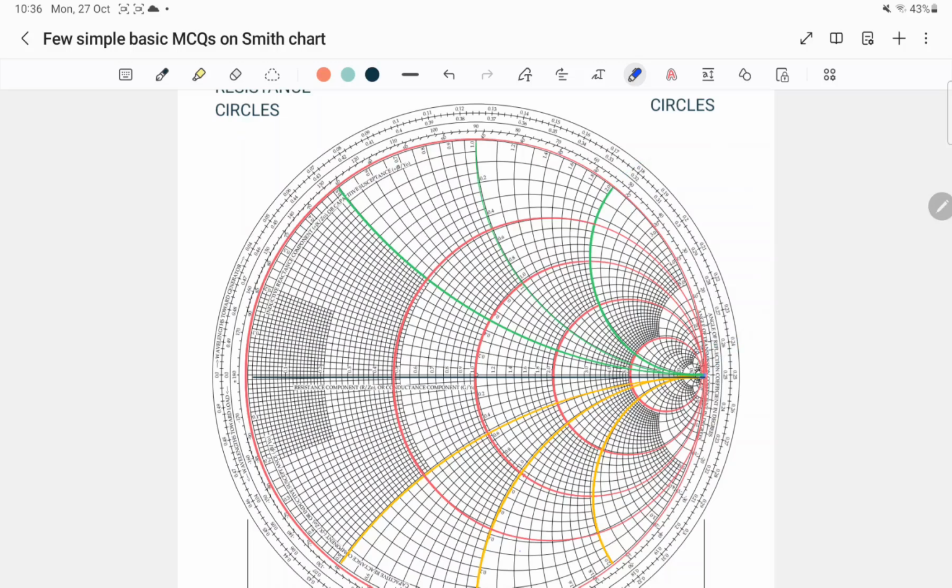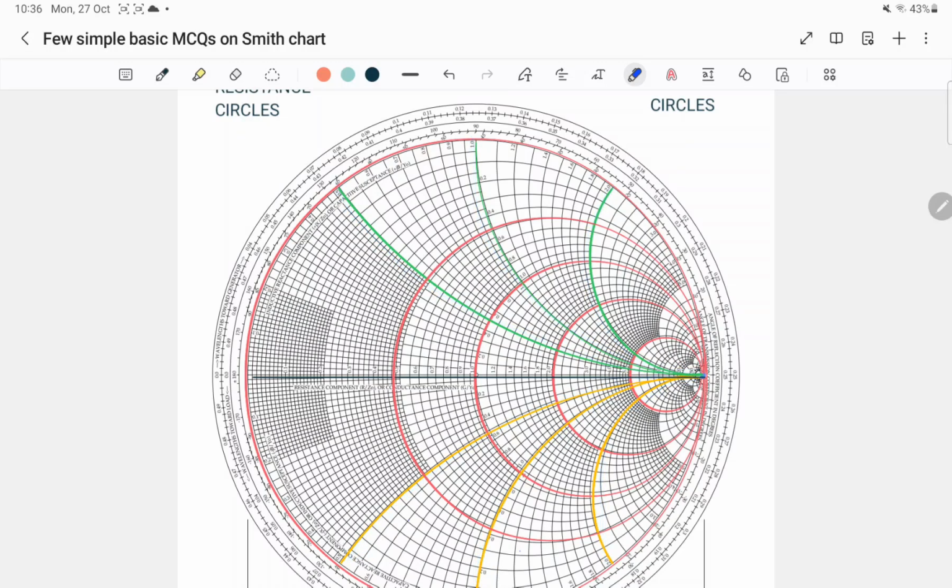So the normalized impedance Smith chart does not show the full circle of the reactance. It only shows a part of the reactance circle, which is shown here in green line as well as in yellow color line.